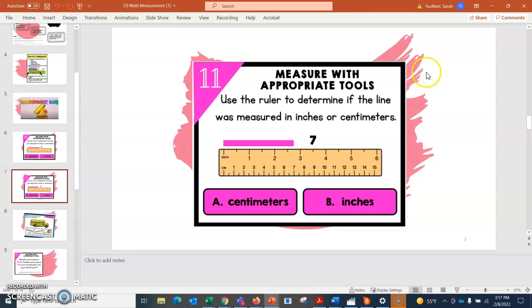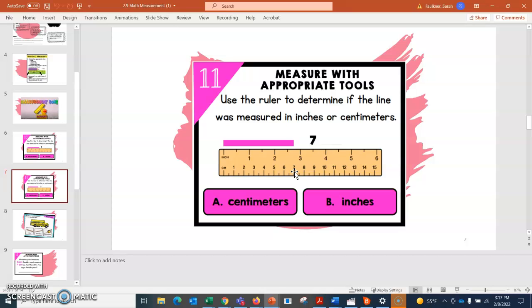This problem says we want to use the ruler to determine if the line was measured in inches or centimeters. Okay, so we see that it's lined up at the very end, the 0 mark, so we're good with that. But we see the number 7. If we draw an invisible line down from the end of this pink thing, we have to go all the way to the bottom to reach that number 7.